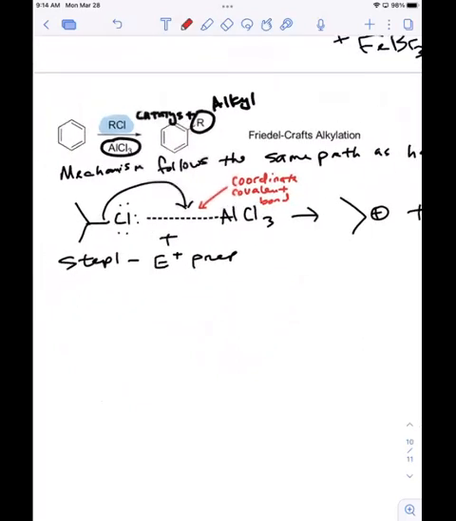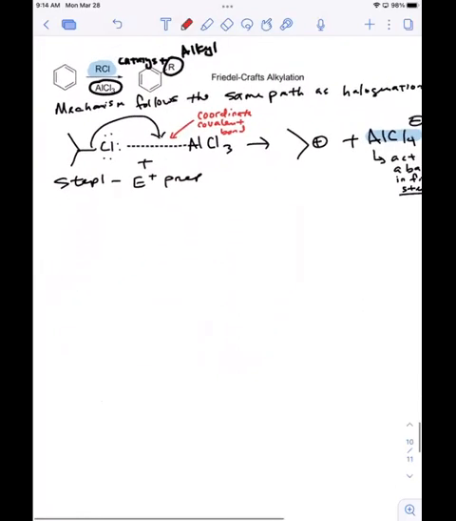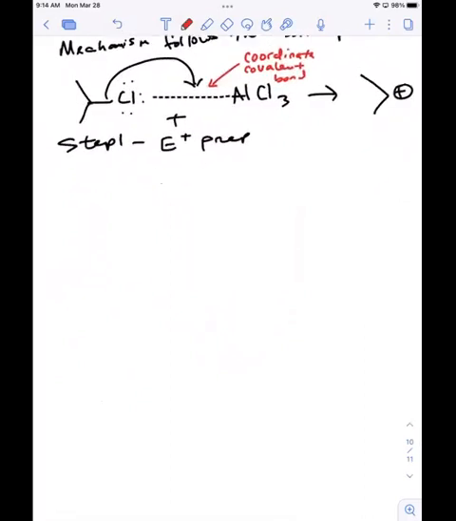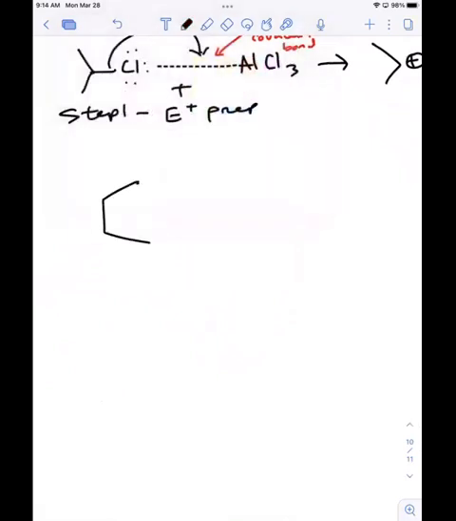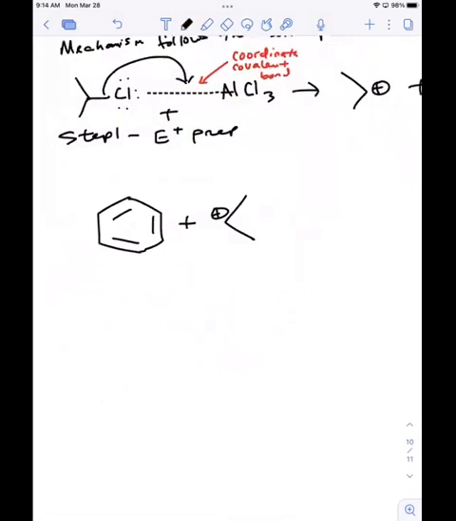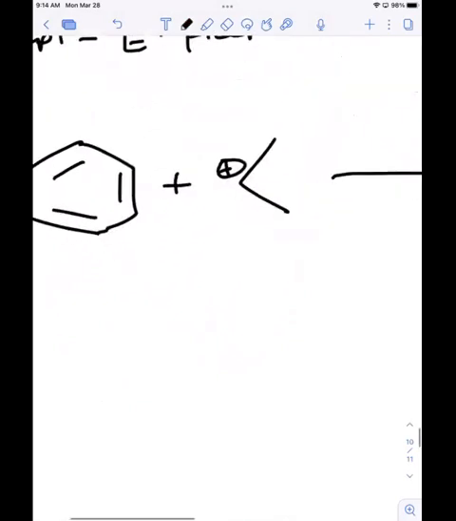All right, so we've prepared our electrophile. Now in the second step, nothing new is going to happen. We're going to take the ring as the nucleophile. We're going to take the electrophile, which is this secondary carbocation, and attack it.